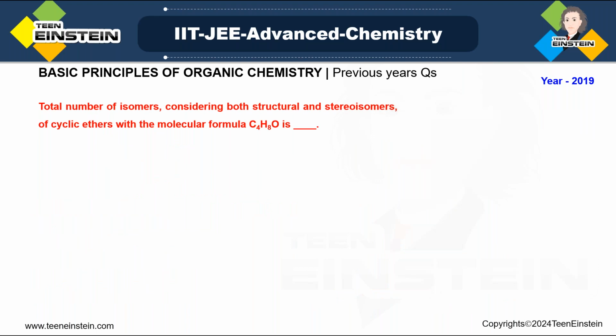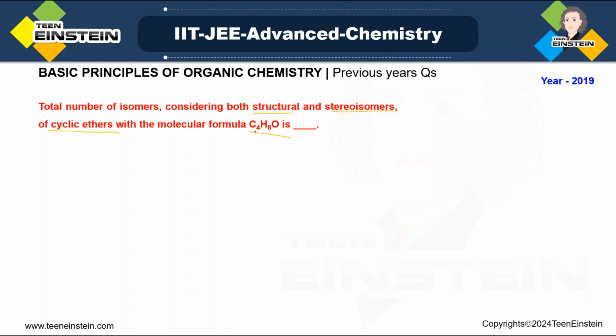Total number of isomers considering both structural also stereoisomers of cyclic ethers. Molecular formula given C4H8O. Cyclic ether. Okay. So C4H8, that means the maximum number of carbon that we can get.